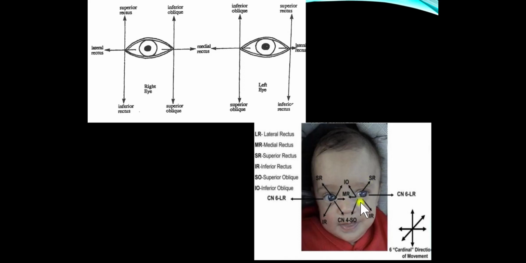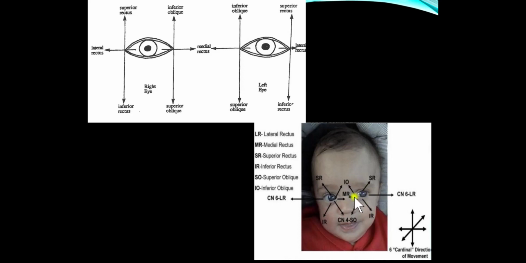And the reason it's more complex than that is there's tension between these extraocular muscles as the eye is in different positions. So a better way of saying it would be this. When the eye is in the abducted position, the superior rectus then has its strongest action to elevate the eye in the abducted position. When the eye is in the abducted position, the inferior rectus has its strongest action to pull the eye down.